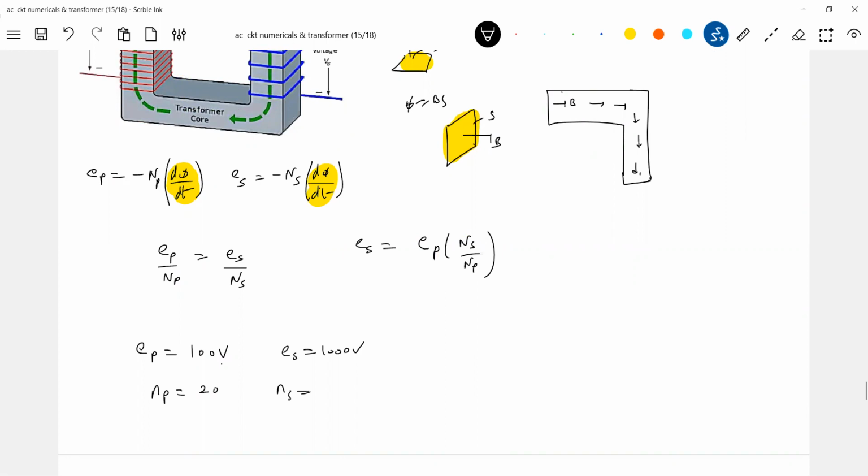So shall we use this formula? According to this formula, secondary voltage is 1000, this is 100, number of turns of secondary, and number of turns of primary is 20. So 200. When you make the number of turns of secondary 200, the voltage is made from 100 volt to 1000 volt. So let me draw a rough diagram.